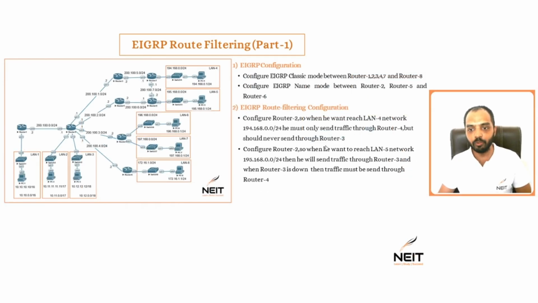Next we have to configure router 2 so that when it wants to reach the LAN 5 network, 195.168.0.0, it sends the traffic through router 3, and when router 3 is down, it sends the traffic via router 4.